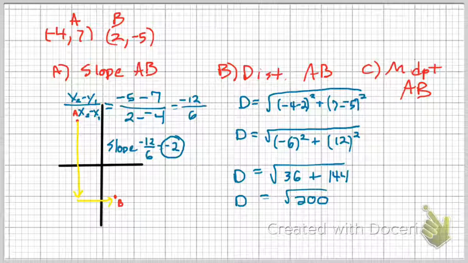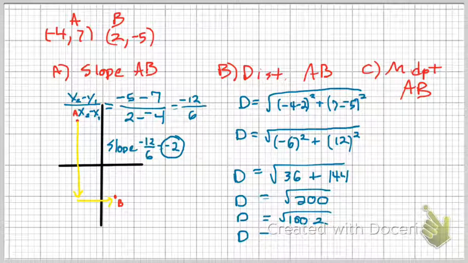You need to know how to simplify that a little bit, and that's to find a perfect square in 200, like 100 times 2, and that 100 is something we can take the square root of. We have to leave the 2 under the radical, so 10 radical 2 is the simplified version. Square root of 200 is correct, but 10 radical 2 is the actual value.